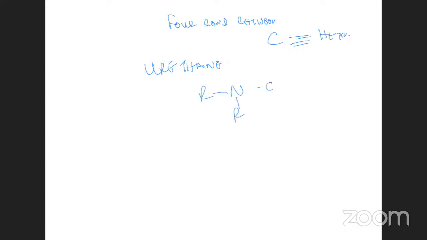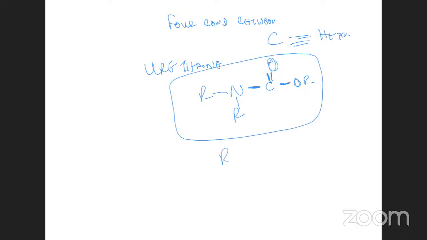Take urethane. So here 2 bonds, 1 bond with oxygen, another one is nitrogen. So all together, it is surrounded. All 4 bonds are separate ones. Another example, if you get RN, 4 bonds, it's isocyanate.